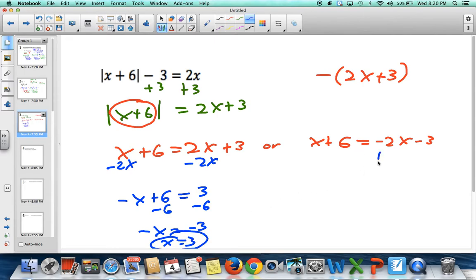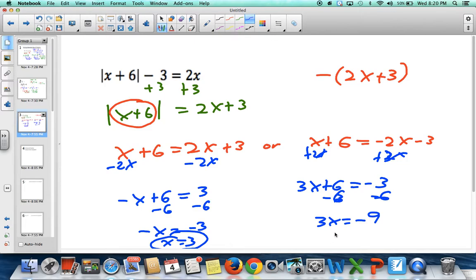Over here, I'm going to add 2x to both sides. So I get 3x plus 6 equals negative 3. Now I subtract 6 from both sides, and I get 3x equals negative 9. So x equals negative 3. So I have positive 3 and negative 3 as solutions.